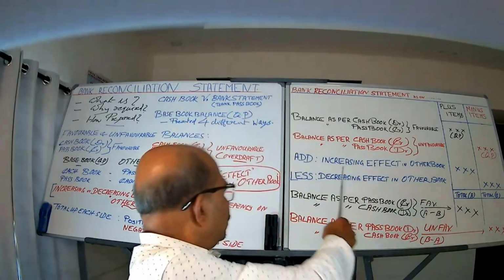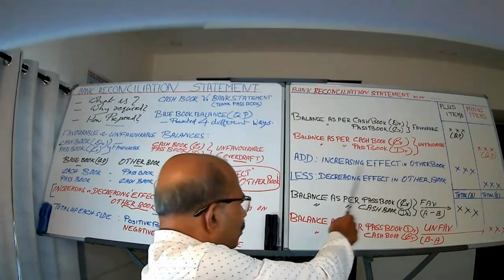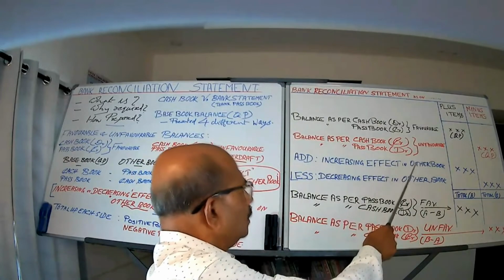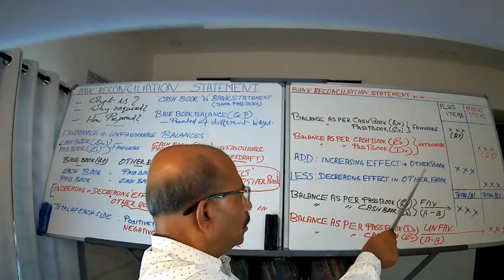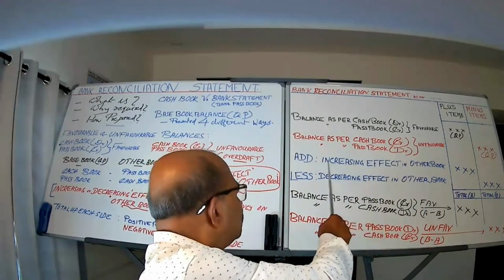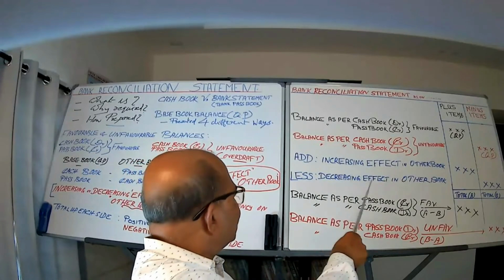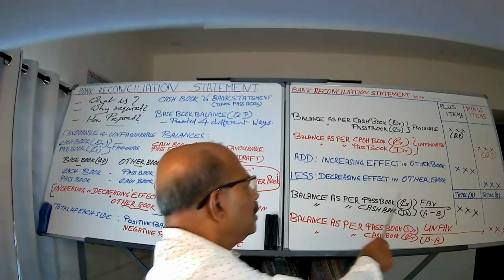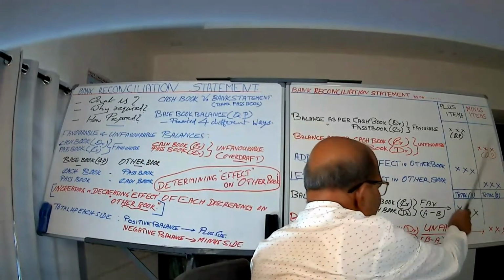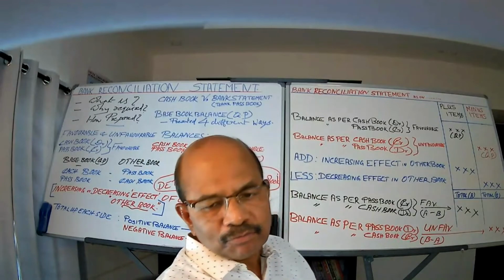Please note that this increasing or decreasing effect in the other book you are not going to write anywhere in your answer. Just keep it in mind. Those items that have an increasing effect in the other book have to be added, and those items that have a decreasing effect in the other book have to be shown on the minus side. Okay, like that only. Now the final touch.